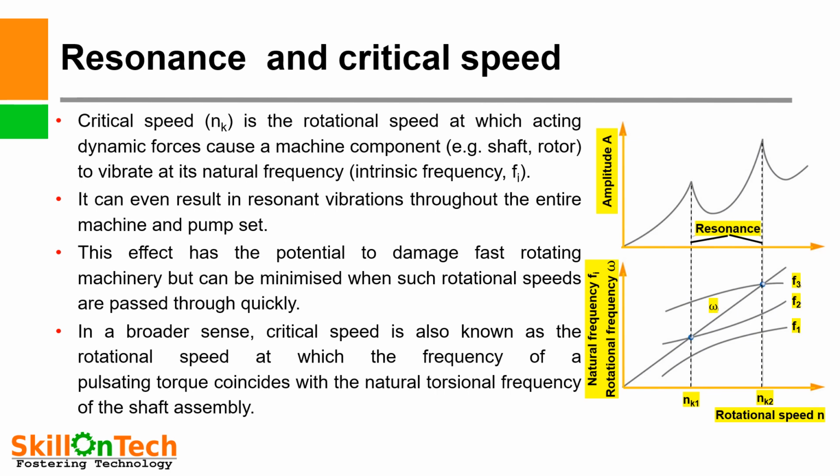In a broader sense, critical speed is also known as the rotational speed at which the frequency of a pulsating torque coincides with the natural torsional frequency of the shaft assembly. So here you can see in this picture, these are the rotational speeds Nk1, Nk2, and on the y-axis there is a natural frequency and a rotational frequency of your pump shaft omega, and this is the natural frequency of your shaft, rotor or impeller Fi.